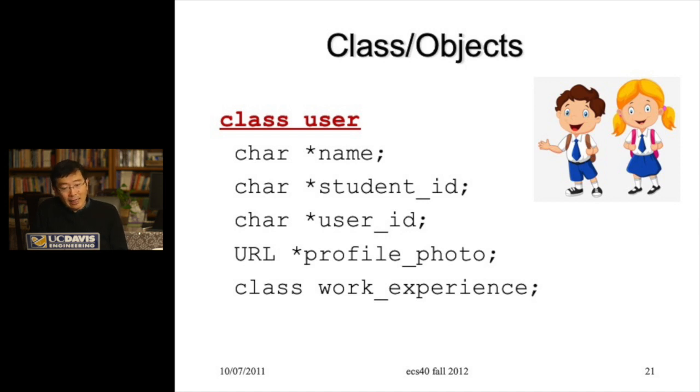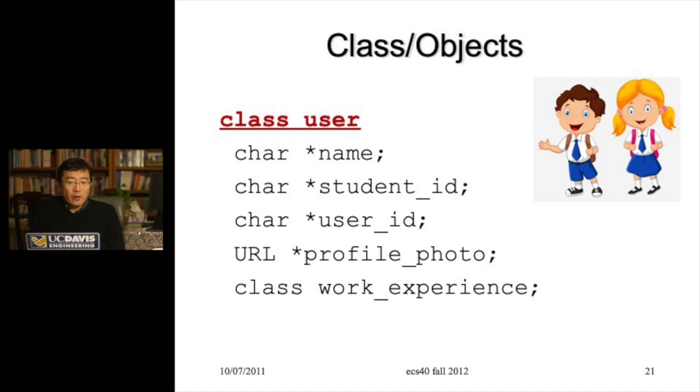I would say at least the student ID information should be encapsulated. And your profile photo should be protected to be only showable to, say, your friends or your relatives, but not necessarily to everybody.